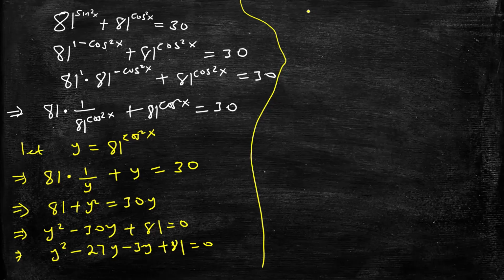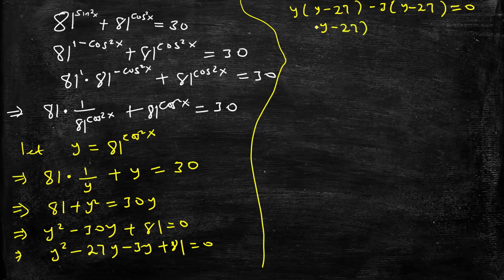So we can take y out, y minus 27, and minus 3 out, y minus 27 equals 0. So we have y minus 27 in common, and the other factor is y minus 3 equals 0.